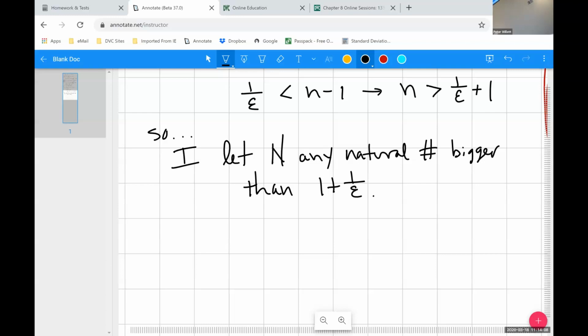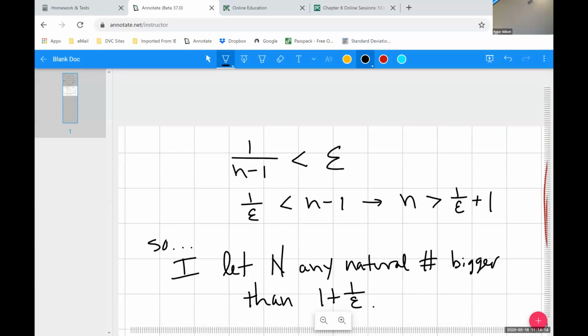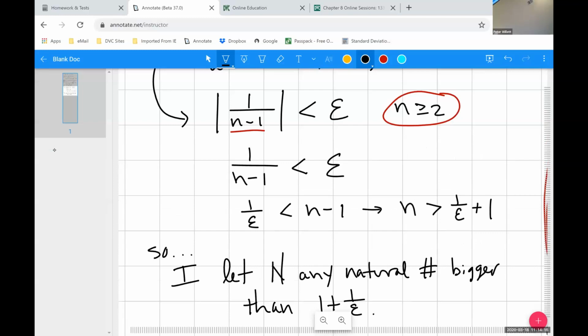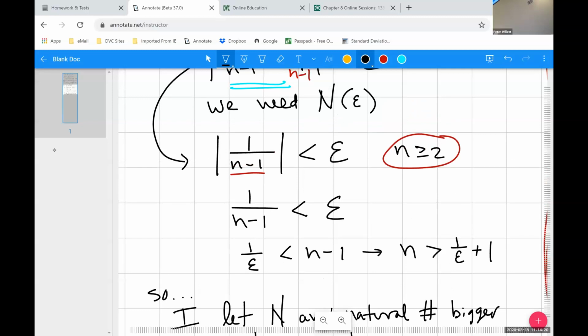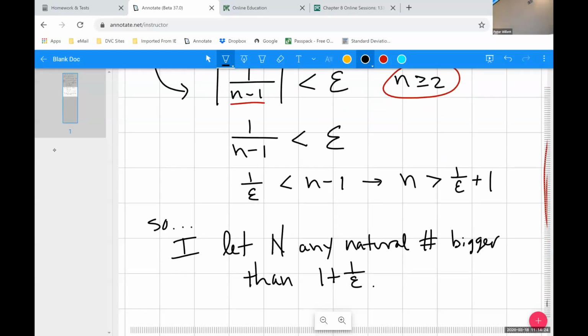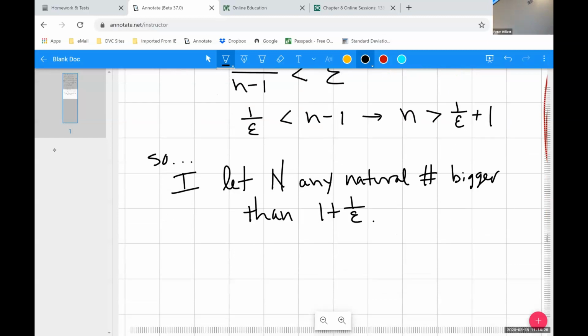So this gives me a way to choose my capital N value to guarantee that once I'm past that point in the sequence, the difference between the sequence values and the limiting value L will be small enough. In this case, the limiting value is 1.